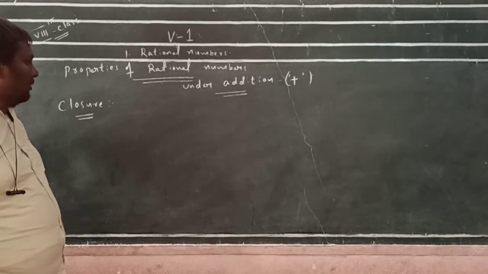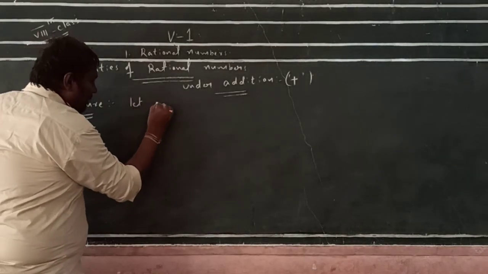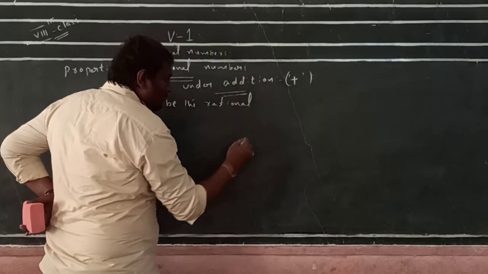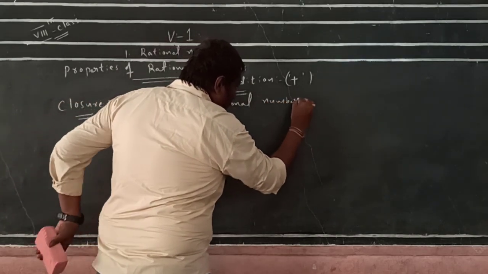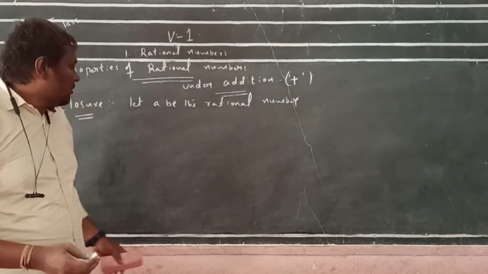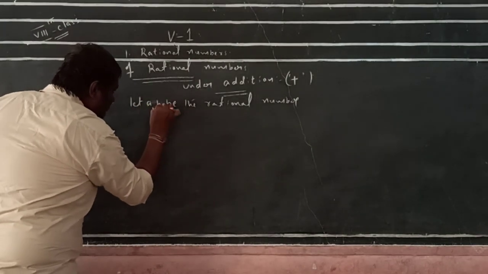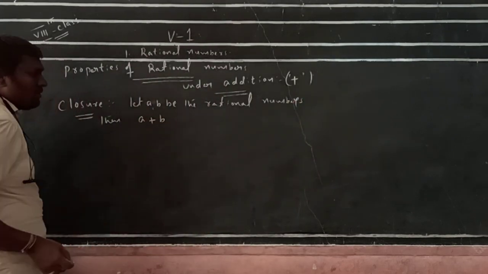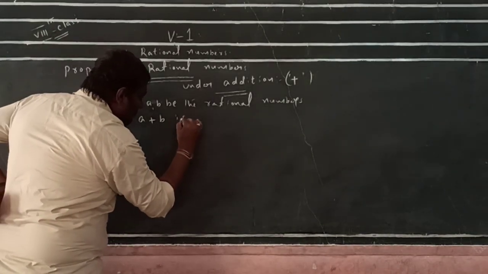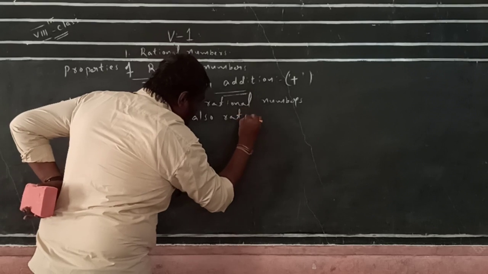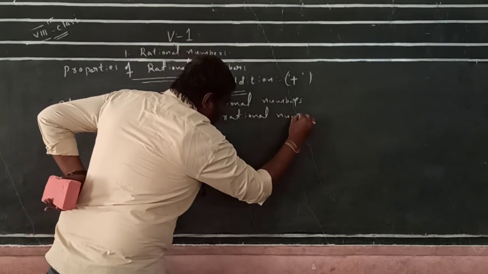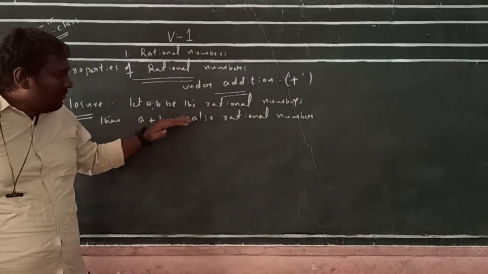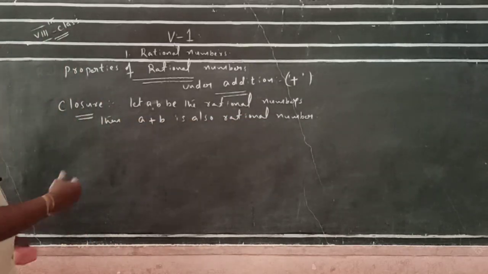The closure property: let A and B be rational numbers, then the sum of two rational numbers is also a rational number.